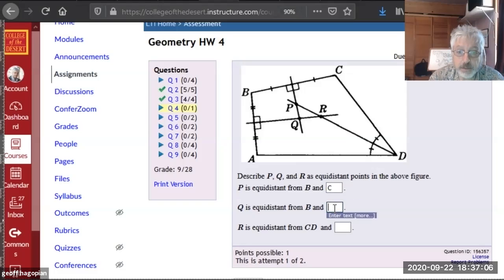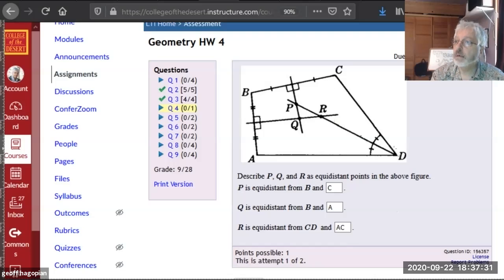All right, that means it's equidistant from B and C. Q is equidistant from B and A, right? It's on the perpendicular bisector of AB. And R is equidistant from CD and AD, right? And we don't actually mark those distances here. What are those distances?